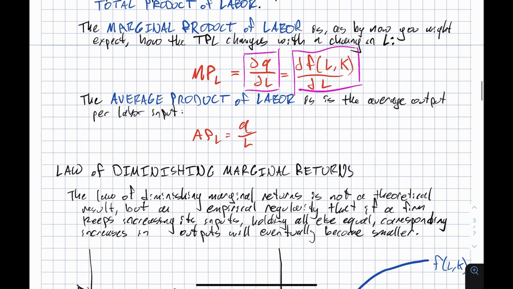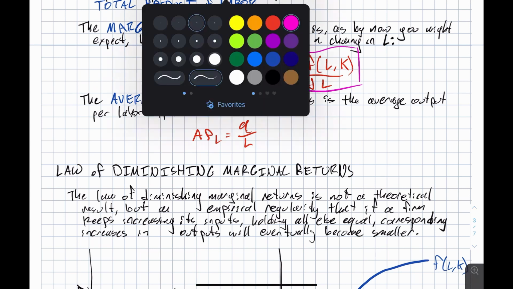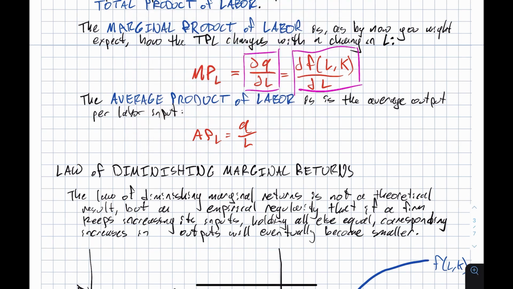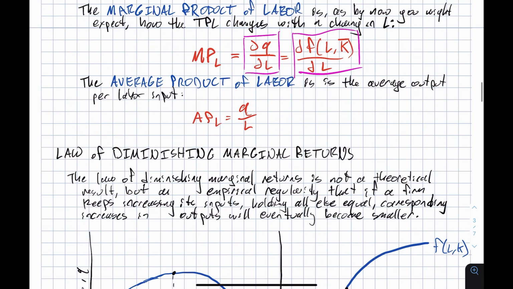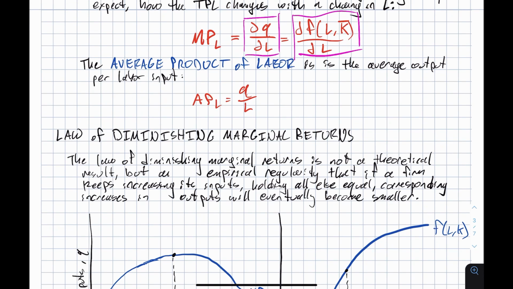That tells us how the production function changes when we change labor. I'm just including a bar over the top of capital, but it doesn't actually need to be there.